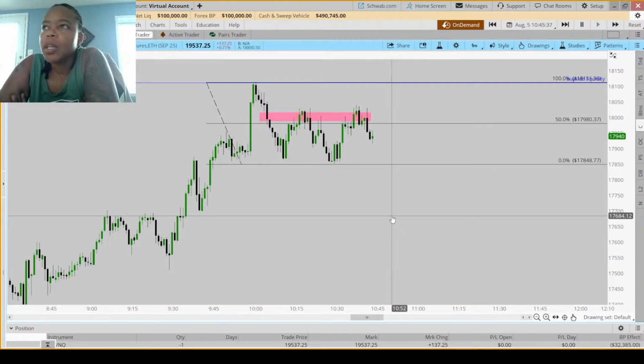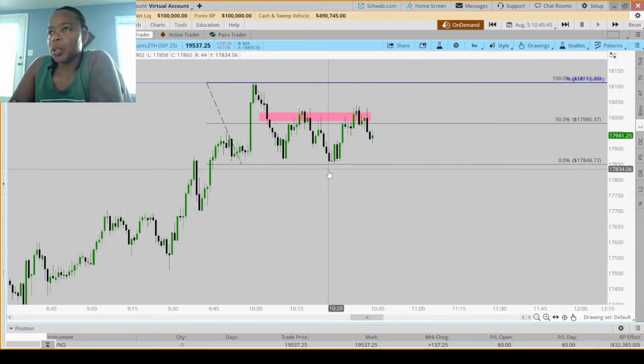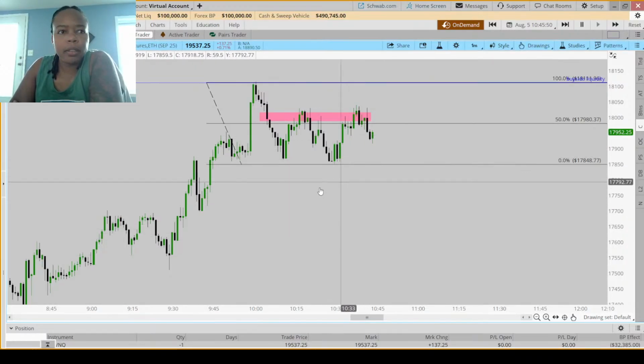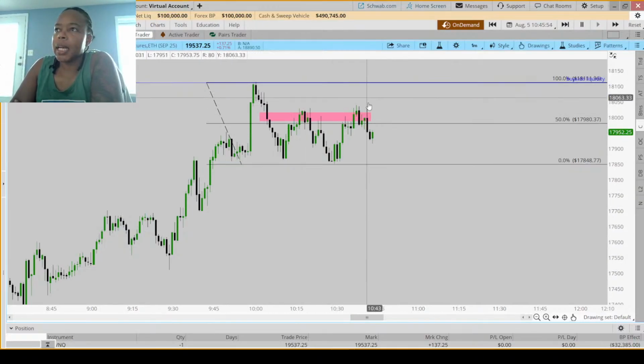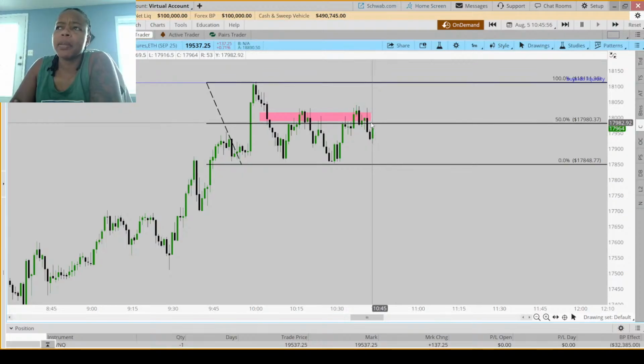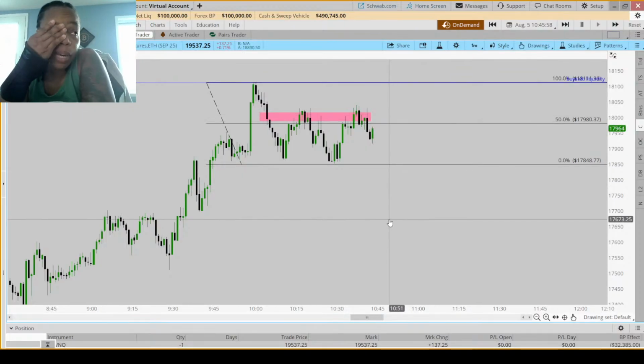So in this scenario, where I've already taken what looks like a decent short that should have blown past here, made decent structure and continued down, now we're just ranging and I don't like it. We're just hanging out at the midpoint of this range, so I wouldn't be taking that.